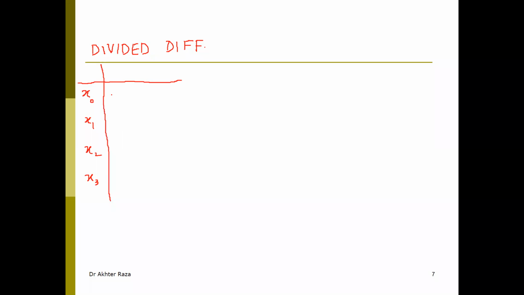And we have fx naught or y naught. We can use both notations, fx naught. This is fx1. This is fx2. This is fx3.